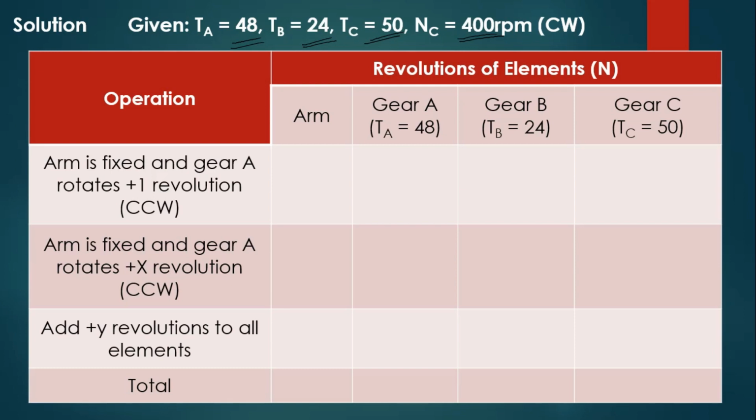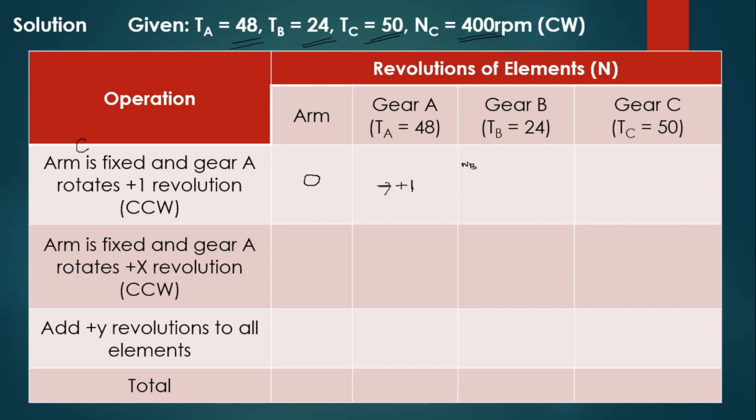Arm is fixed and gear A rotates plus 1 revolution in the counterclockwise direction, right? So the arm is fixed, that's why there is no revolution for the arm, so put 0, and gear A is plus 1 anti-clockwise revolution, that's why plus. Now gear B, so we have to find the formula.